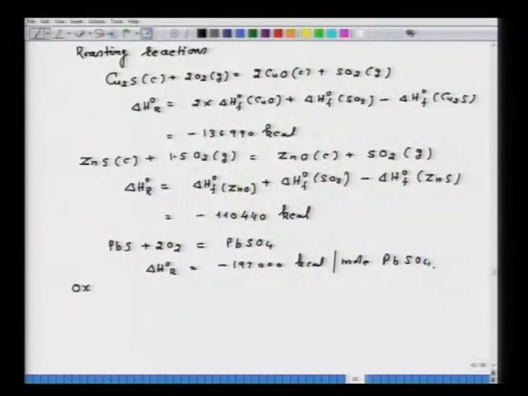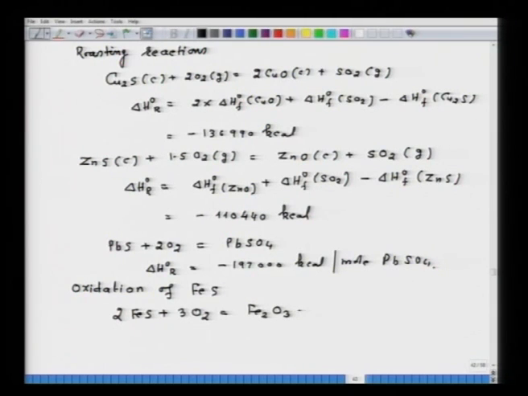So, let us see now the oxidation of FeS. We can write 2 FeS plus 3 O2 is equal to Fe2O3 plus 2 SO2.